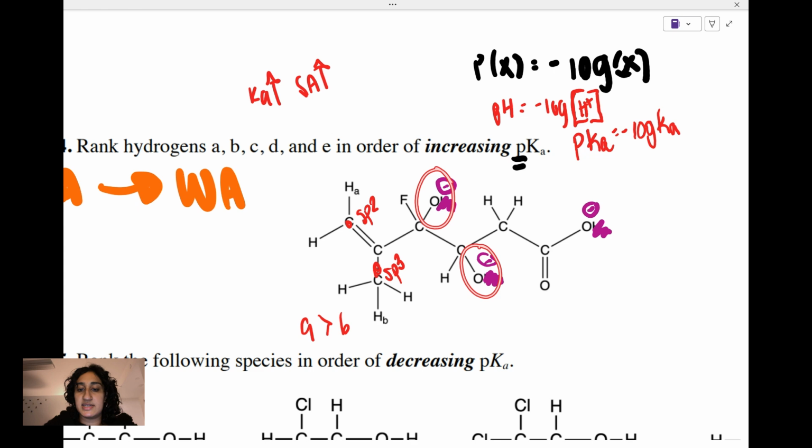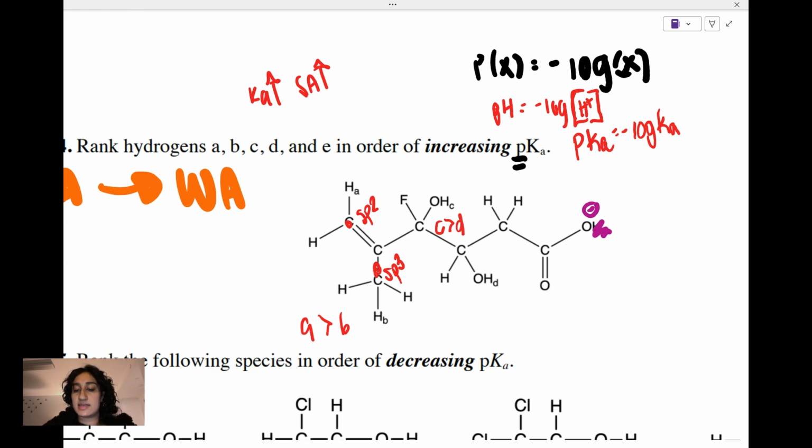Between these two, the difference is the other thing connected to the carbon. So here we have a hydrogen, here we have a fluorine. That ties back to inductive effect, right? If we have something electronegative near the negative charge, it's going to help with that electron density. So that makes this stabler than this, which means when we reprotonate it, C is going to be stronger than D.